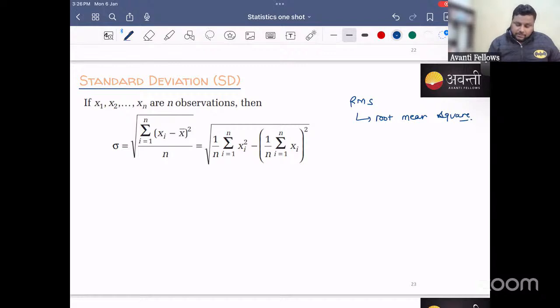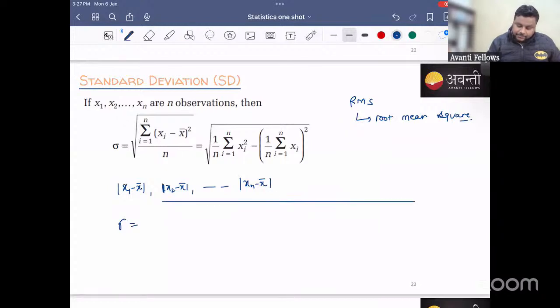So deviations were x1 minus x bar, x2 minus x bar, and so on, xn minus x bar. Now standard deviation is the square root of the mean of squares.